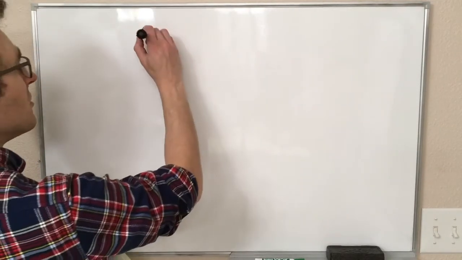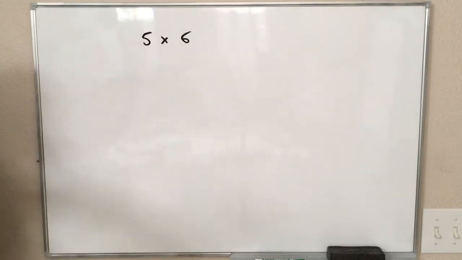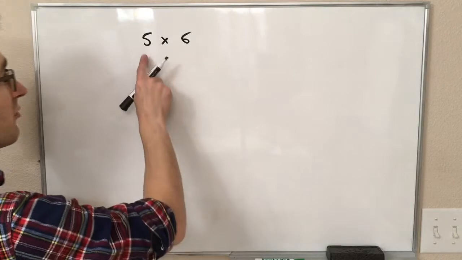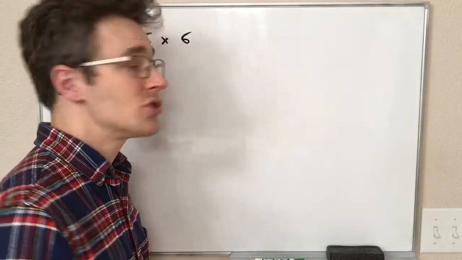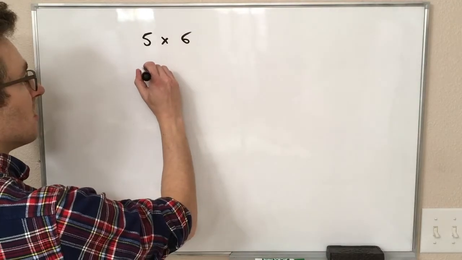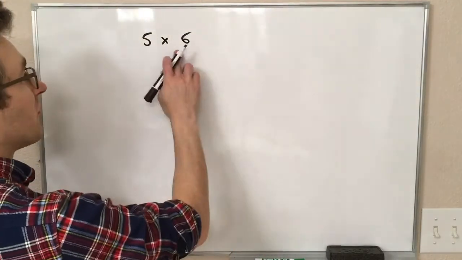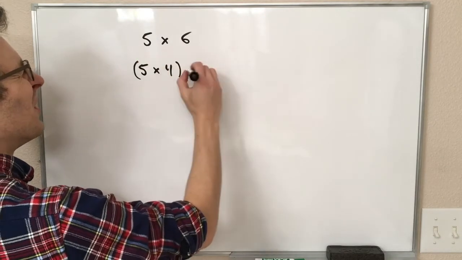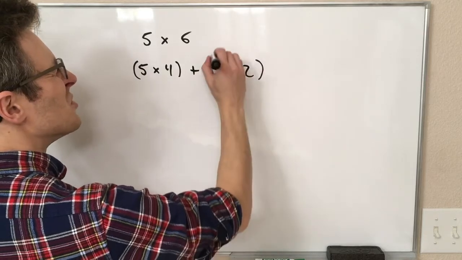So let's say we wanted to do something simple like 5 times 6. So the careful observer will notice that 5 times 6 we can break into powers of 2 like this. Remember, we're really good at multiplying by 2 or powers of 2. So 5 times 6 is equal to 5 times 4 plus 5 times 2.